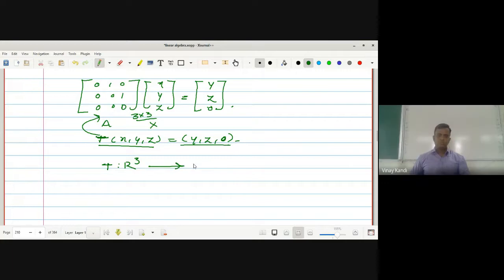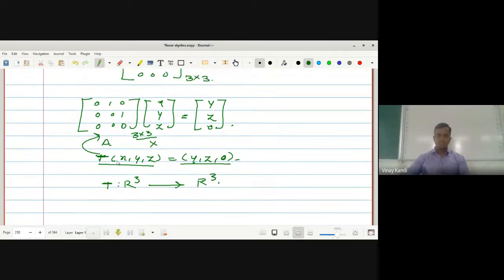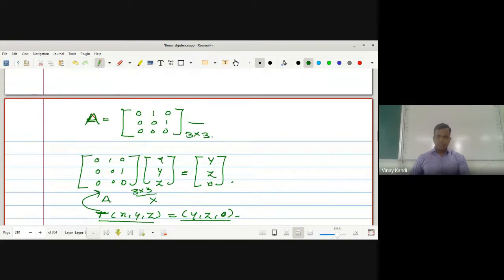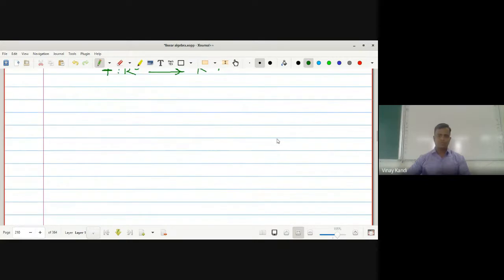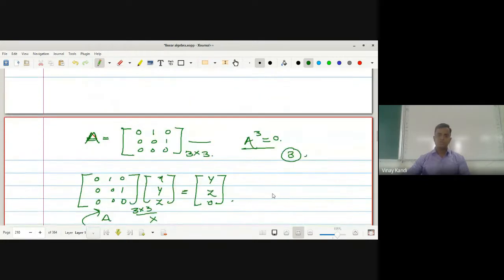Yes, sir. R3 to R3. Okay, now what is the nilpotency of this matrix? A cube is equal to 0, that means 3. Is it correct? Yes, sir. Okay, now T cube is equal to 0 ते का पाहूया.